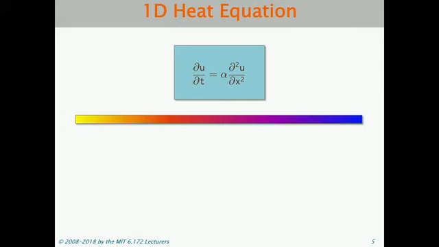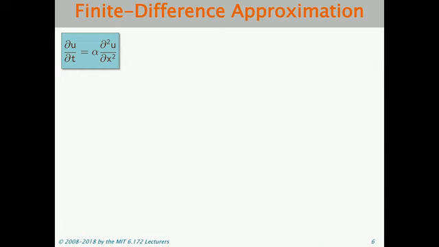OK, so how do we actually write code to simulate this differential equation? So one commonly used method is known as finite difference approximation. So we're going to approximate the partial derivative of u with respect to each of its coordinates. So the partial derivative of u with respect to t is approximately equal to u of t plus delta t, where delta t is some small value, and x, and then minus u of t, x, and then that's all divided by delta t.